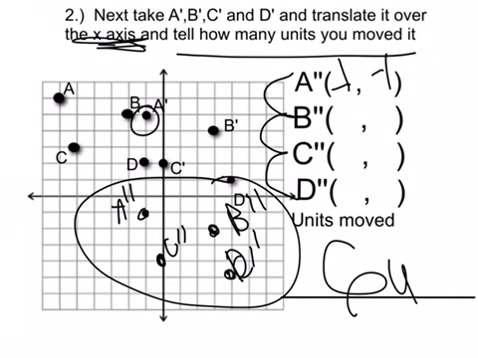For B, it's +3, -2. And for C, it's 0 because it's on the axis, 0, and then it goes down 4, so -4. And then for D, it's +4 and goes down 5. -5, though.